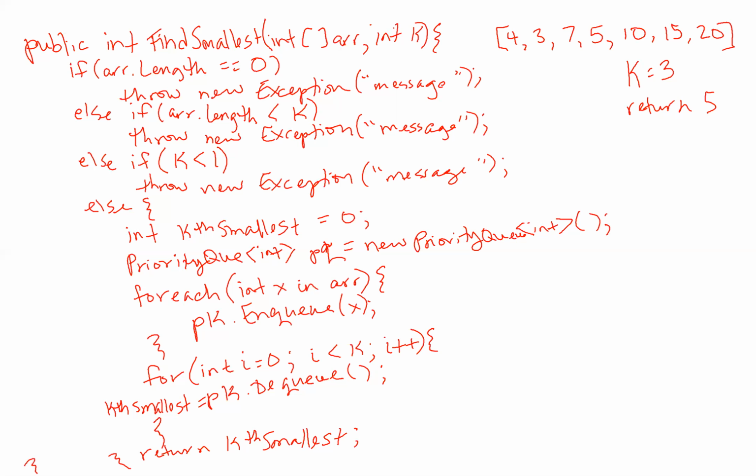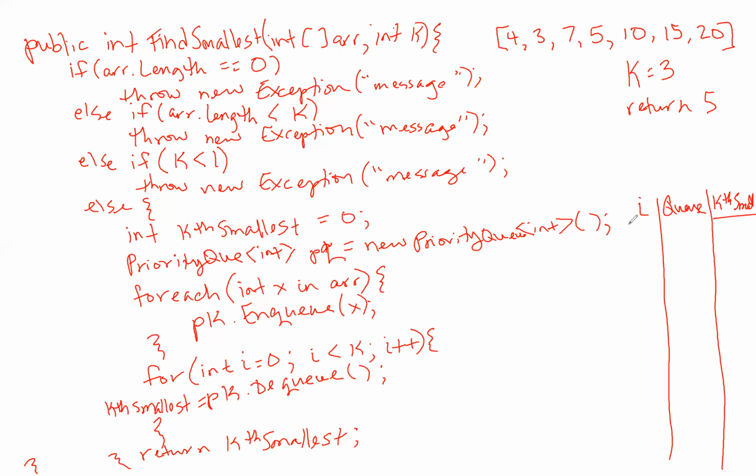Okay, so let's test this out. We will make a queue. We've got i to keep track of, and we have our queue, and we have the kth smallest.